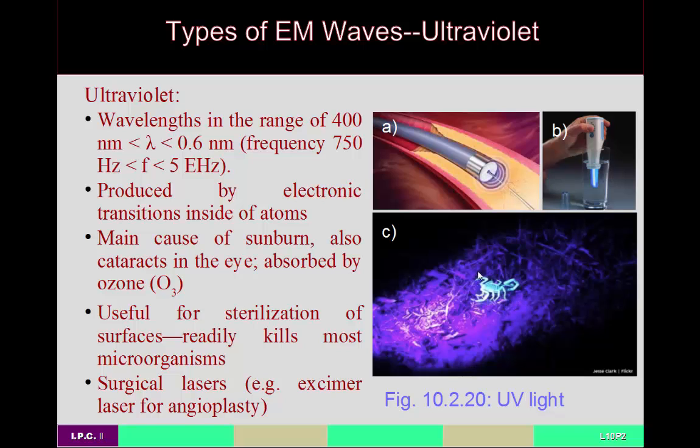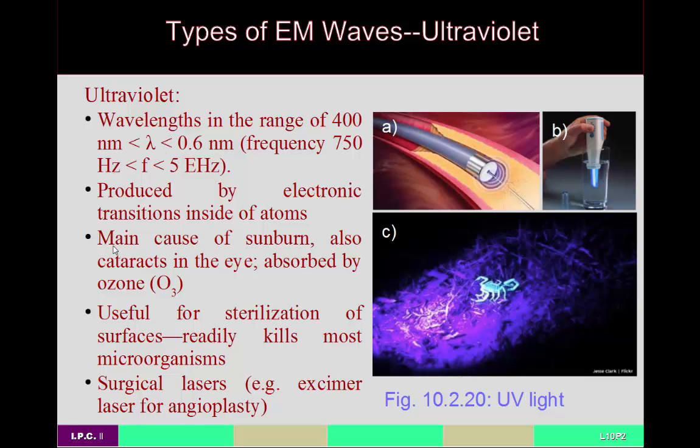It can interact, for example, with a number of bugs, including especially like a scorpion. So if you go outside and you see a scorpion at night and you turn on a UV light, or you even look at the UV light that's reflecting off the moon, you might see that the scorpion kind of glows in the dark a little bit.